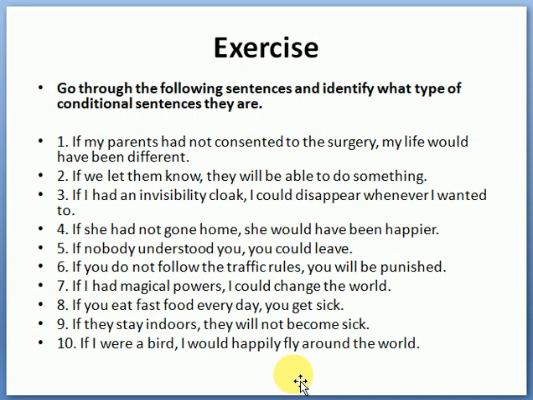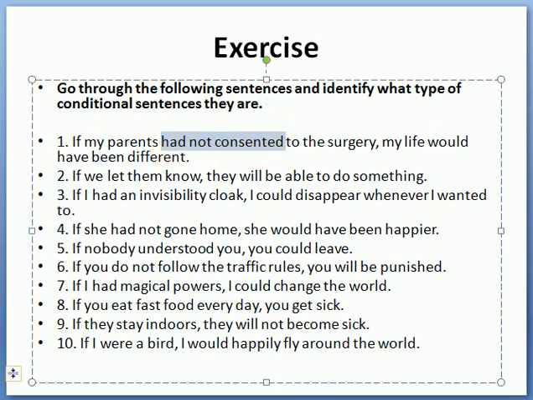For example, here is the exercise and I would take up only one or two instances and see how you are going to identify the conditional sentences. For example, if you get this sentence, if my parents had not consented to the surgery, my life would have been different. So we see that this is the if clause, and in the if clause, the grammatical structure makes use of had not.